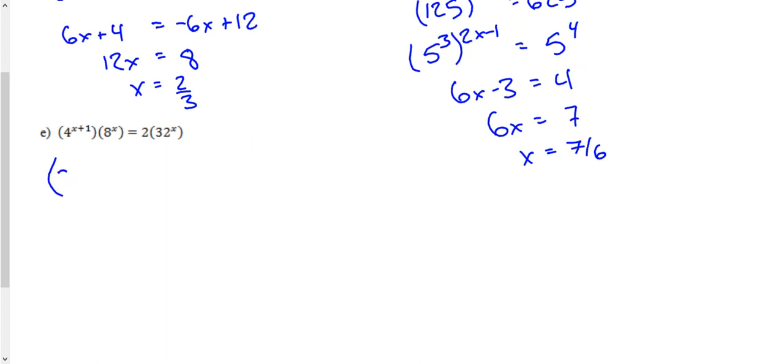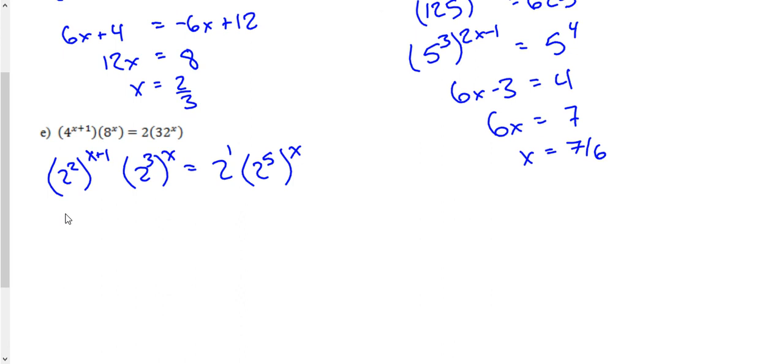So here, this is going to be 2 squared multiplied by that x plus 1. The next term would have been 2 cubed multiplied by that x there. You have the equal sign. 2 there by itself is just going to be 2 exponent 1. I'm just going to leave that there as 2 exponent 1. Over here, 32 is the same thing as 2 exponent 5. And of course, we have that x there.